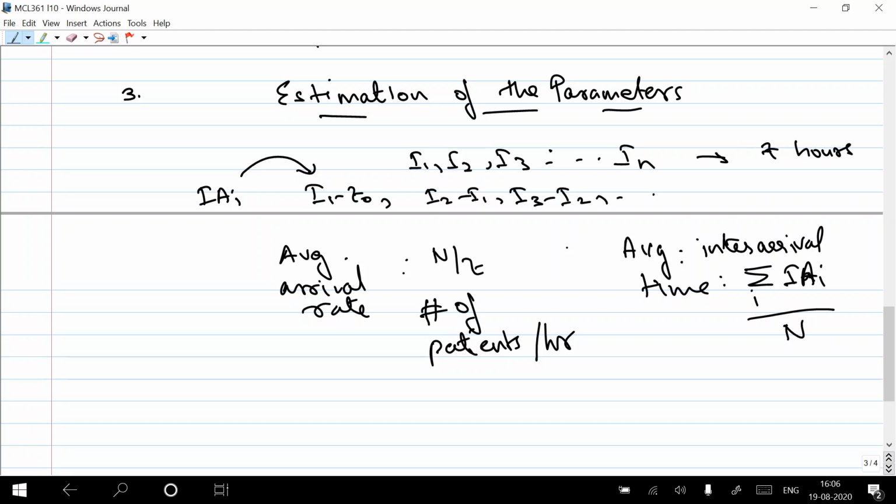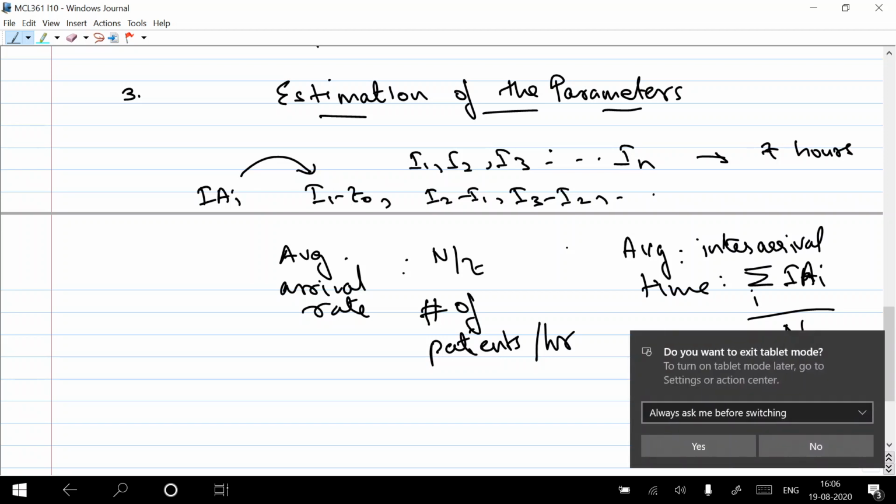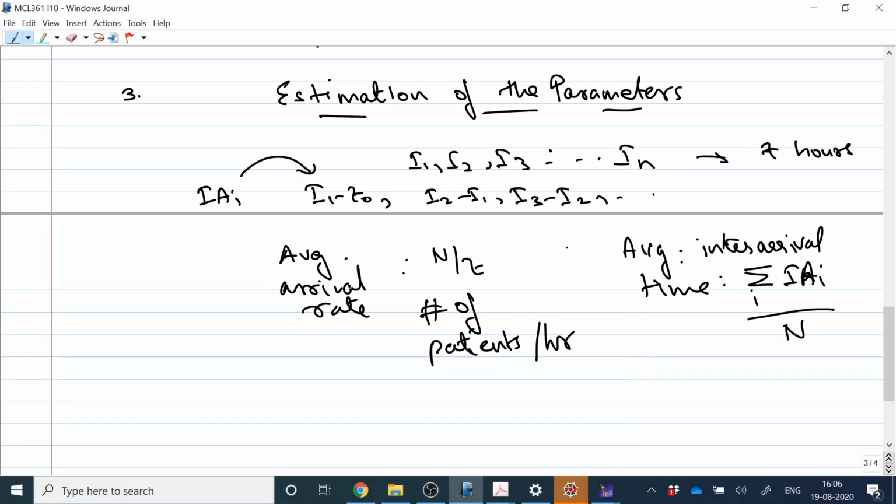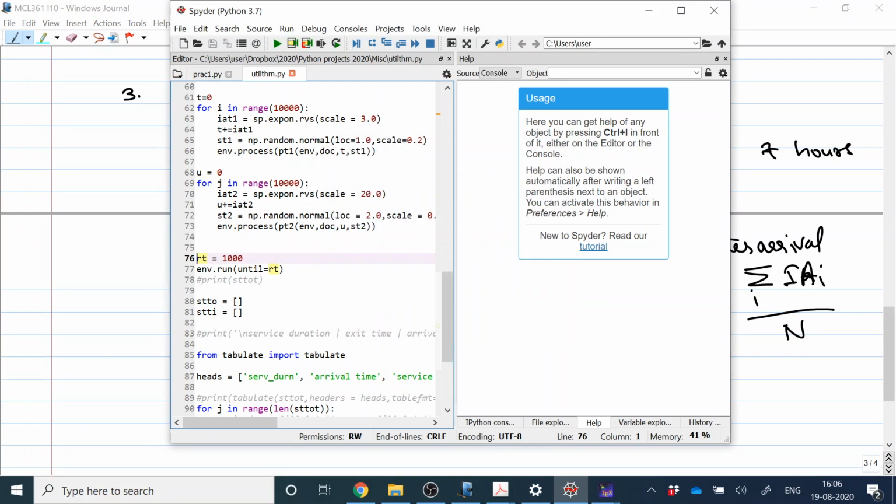Okay, so let's come here. Here, for example, the interarrival time for, were these inpatients or outpatients? I think these were inpatients, if I remember correctly. Yeah, these are inpatients. These are outpatients, sorry. Now the interarrival time of outpatients: we are seeing that outpatients come much more frequently.